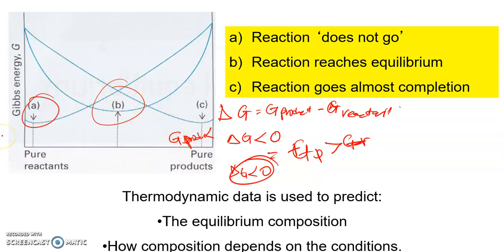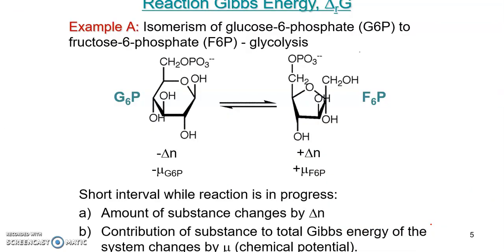So this thermodynamic data can be used to predict the equilibrium composition of the species present in the reaction, either reactant or product, and how the composition depends on the conditions of our setup or our experiment.